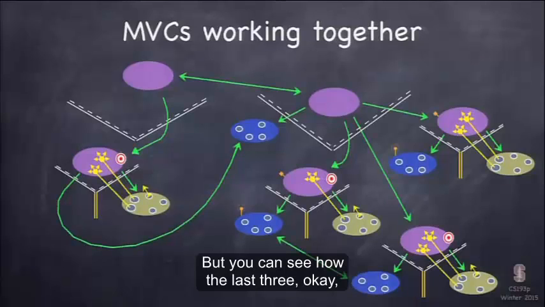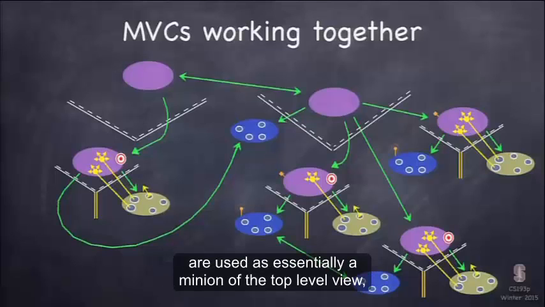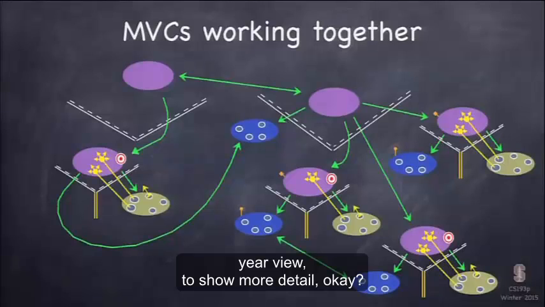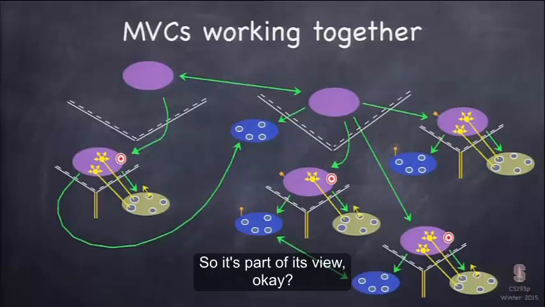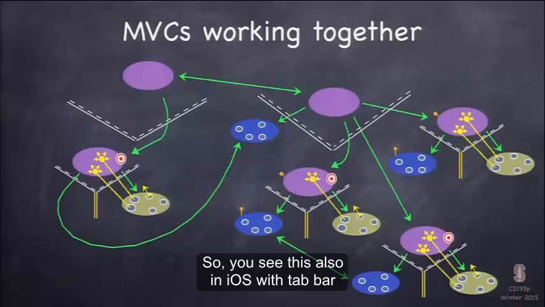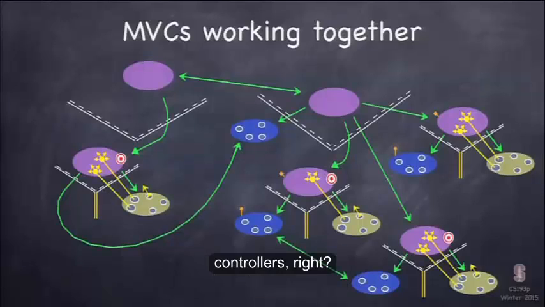But you can see how the last three are used as essentially a minion of the top level view, the year view, to show more detail. Okay? So with the year view, you click on a month, it's going to use the month view MVC to show more detail. So it's part of its view. Okay? So you see this also in iOS with tab bar controllers, right?